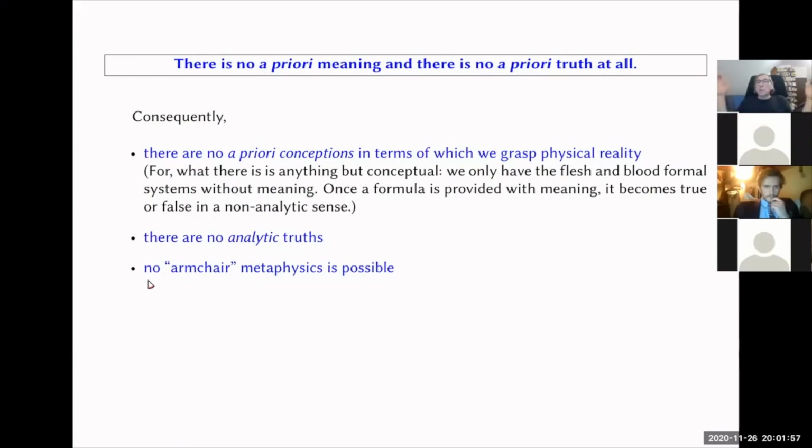We have just utterances, or just text, or a string of marks without any meaning or reference to the world.